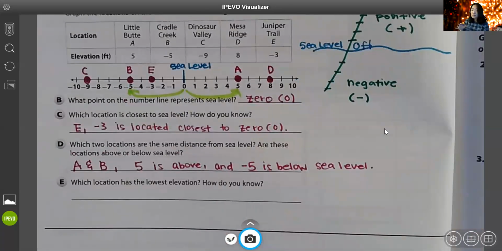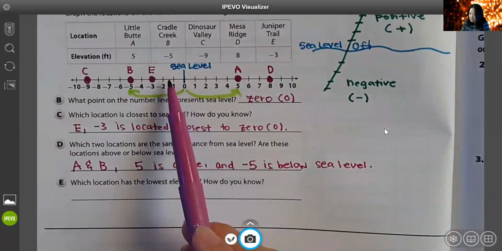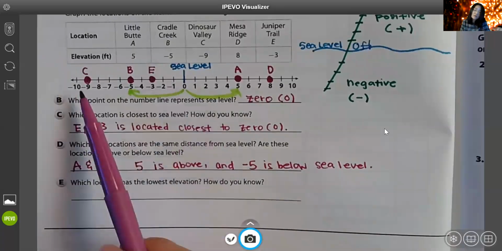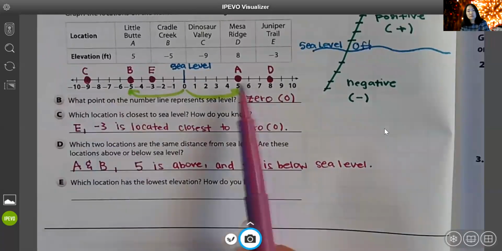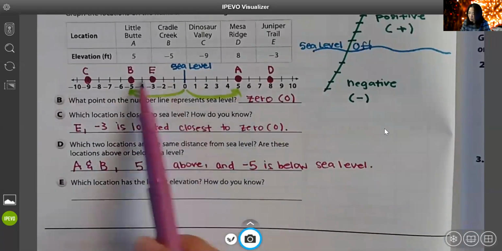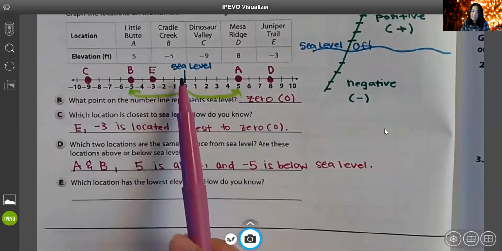Last one, which location has the lowest elevation? How do you know? Lowest elevation means it is to the very bottom, farthest away from 0. Since there are negative locations, none of the positive numbers are going to be the lowest elevation. Out of these 3, what is the farthest away from 0?